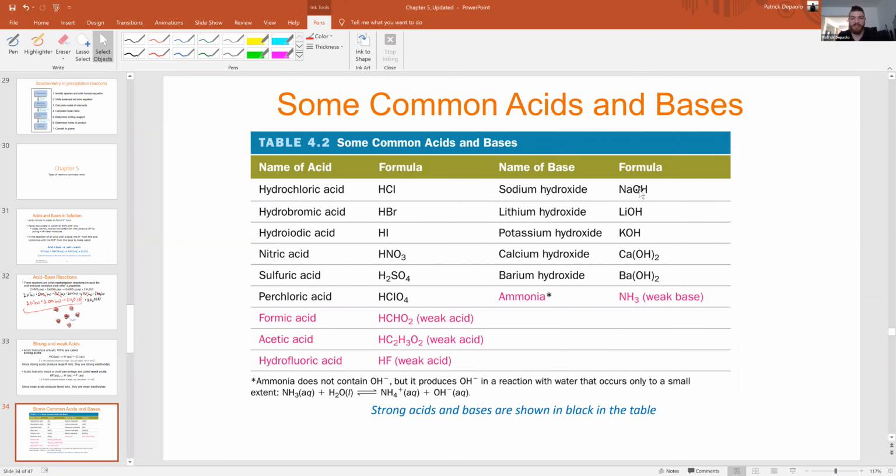And here's some bases. Ammonia is a very important weak base. I'm surprised no one had this question: why is it a base even if it doesn't have OH in it?